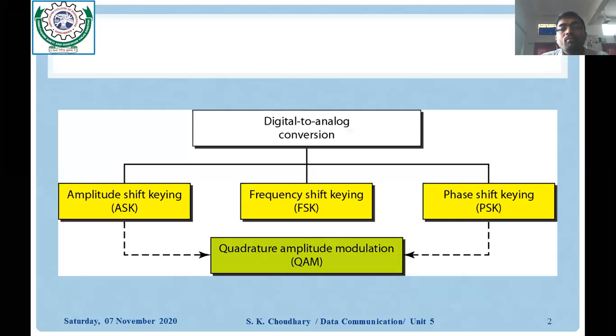For the bandpass signal, we are talking about digital to analog conversion, and these are the main techniques for binary signaling: amplitude shift keying, frequency shift keying, and PSK, that is BPSK as well as QPSK, OQPSK, and then quadrature amplitude modulation.